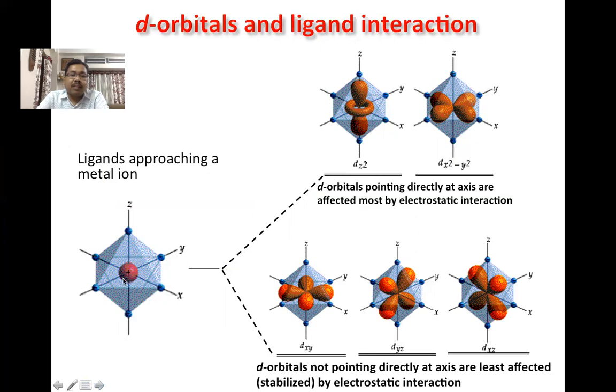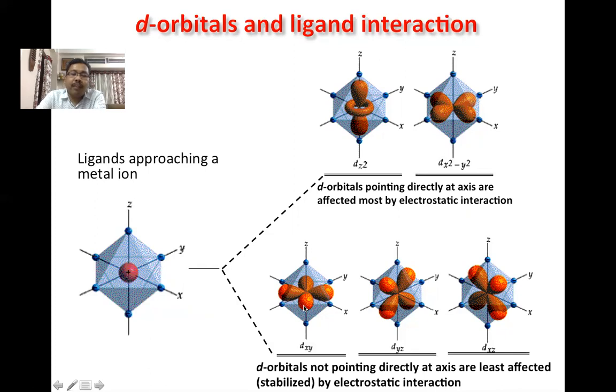This is how the ligands are approaching the metal center. Here you can see that this is the dz square orbital, and this is the dx square minus y square orbital. These two orbitals will be raised in energy because their lobes are pointing directly in the direction of the ligand. But these other three d orbitals have lobes that are not pointing directly in the direction of the ligand. They are in between the axes.